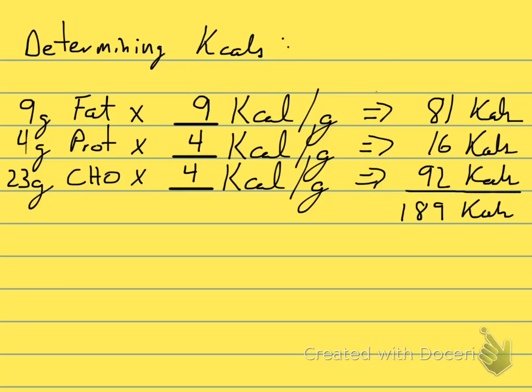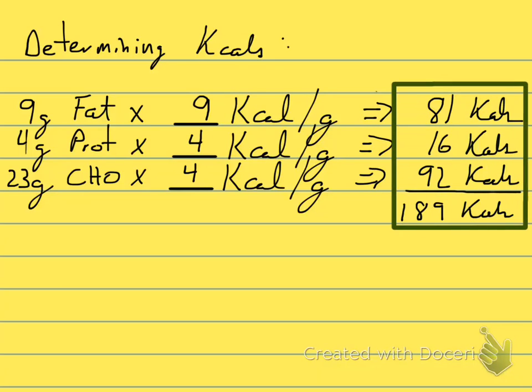Okay? Now, if I take these numbers, I can use these and determine what percent of calories came from each of the nutrients, fat, protein, and carbohydrates. So I'm going to create a new page here.